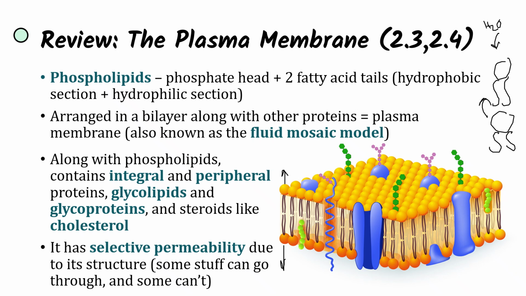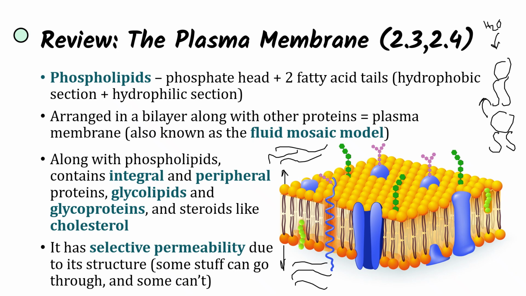So there's going to be water on this side of the membrane, and there's going to be water on the other side of the membrane within the cell, an aqueous solution, the cytosol. So the phospholipids are going to arrange themselves so that the water-loving section is going to point out towards the areas with water outside of the cell and inside of the cell, while the fatty acid tails, which like to get away from water, are going to be pointing inwards.